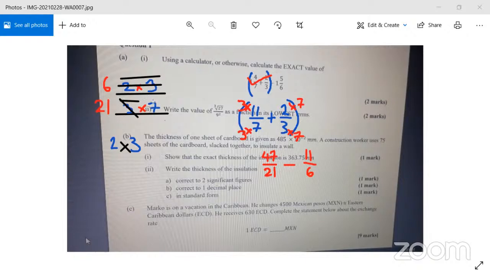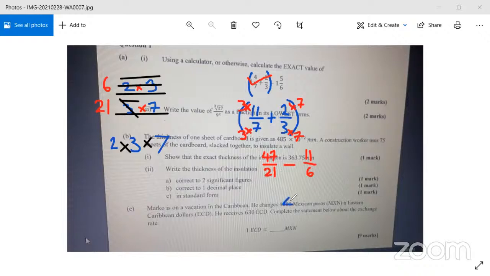So all that's left is to get 7 involved. And that gives us our LCM, right? So 21 times 2, 42. So our LCM of 21 and 6 will be 42, right?